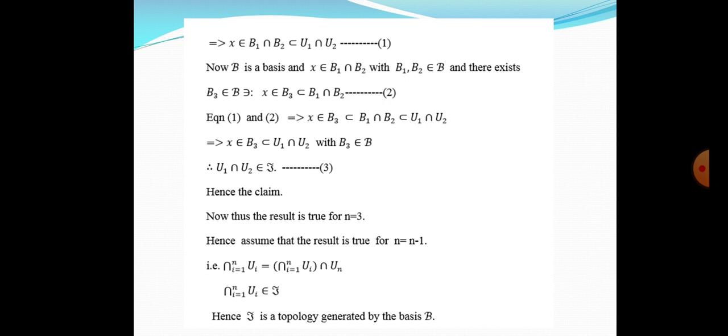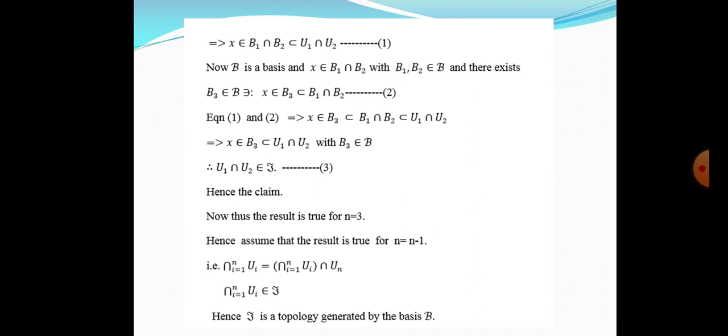That is, the intersection for i equal to 1 to n of ui equals the intersection for i equal to 1 to n minus 1 of ui, intersection un. So the intersection for i equal to 1 to n of ui belongs to tau. Therefore you take n equal to n minus 1. So if you take the intersection of n elements, the intersection of n elements is also in tau.